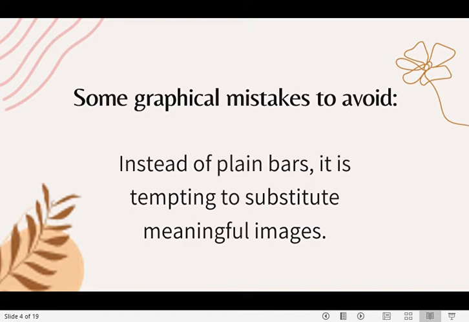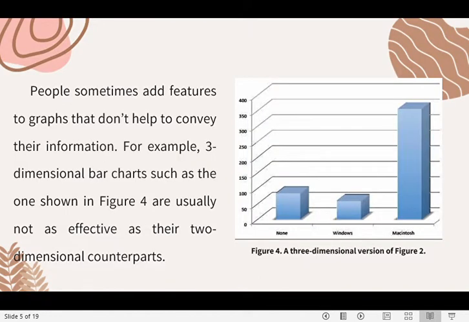Now, there are some graphical mistakes to avoid. Instead of plain bars, it is tempting to substitute meaningful images. That is a mistake. People sometimes add features to graphs that don't help to convey their information.